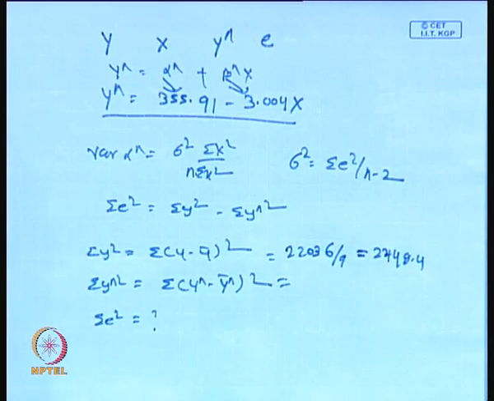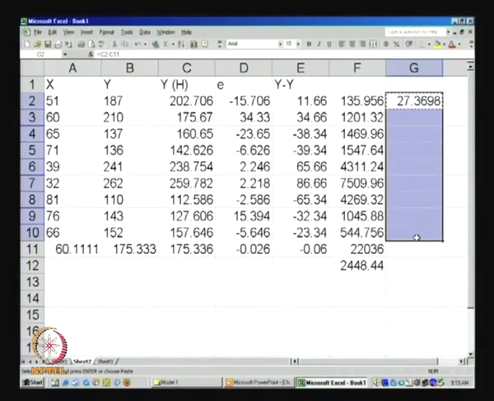Similarly, summation y hat square. Instead of writing y hat here, we create another series, y hat square. Similarly we find y hat squares. This is this minus 75.36, and it will come like this. Scroll it.